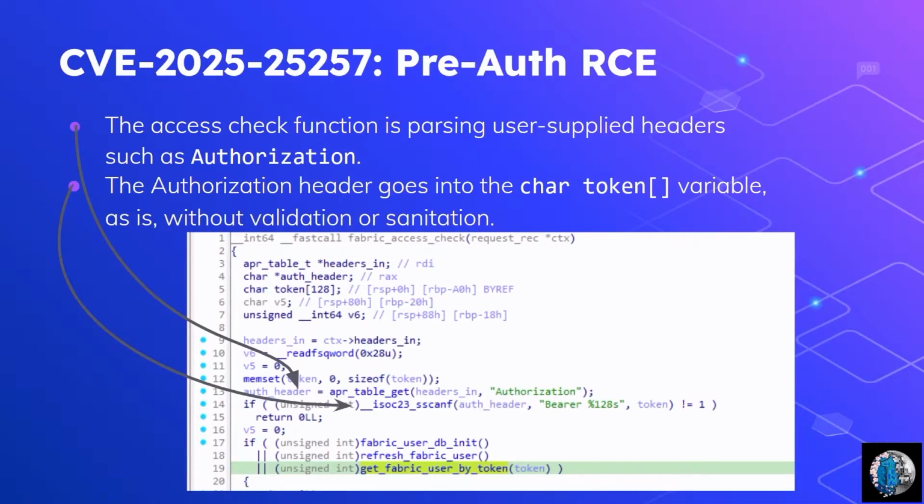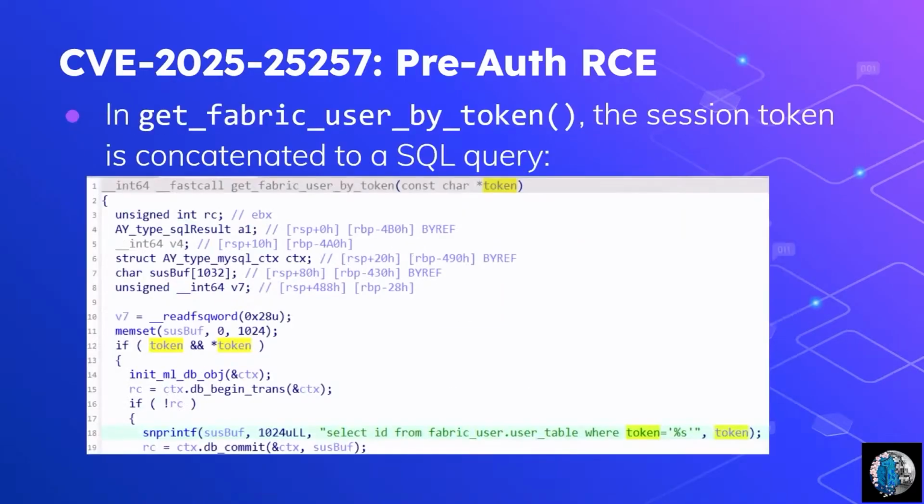And later, this token variable is passed to the vulnerable function. And now, in the next slide, we will look at the vulnerable function itself. So this is how it looks. In getFabricUserByToken, the session token is concatenated to an SQL query, no prepared statements or anything like that. Surprising.